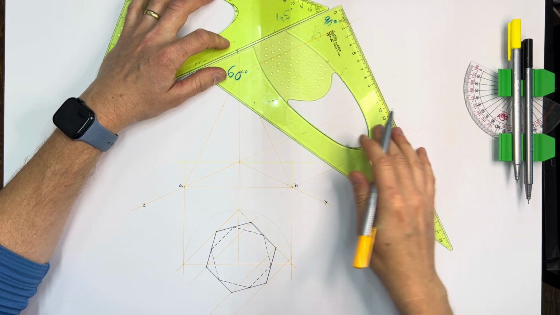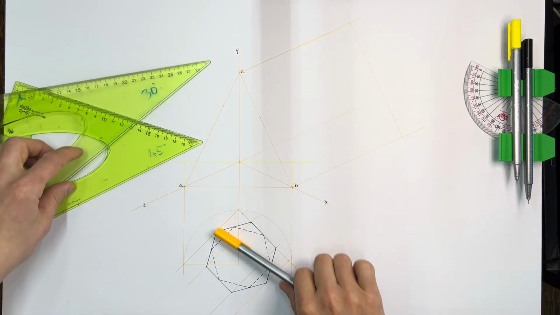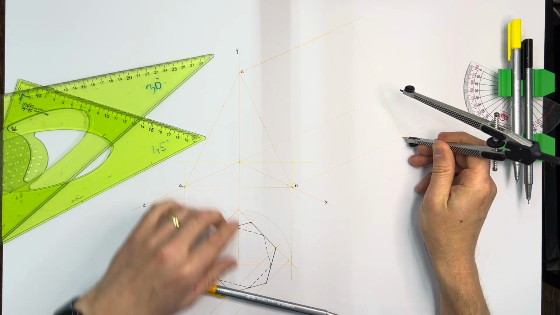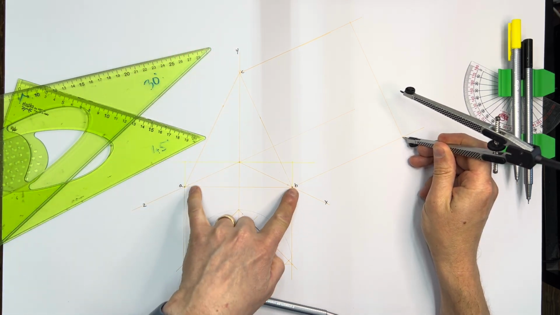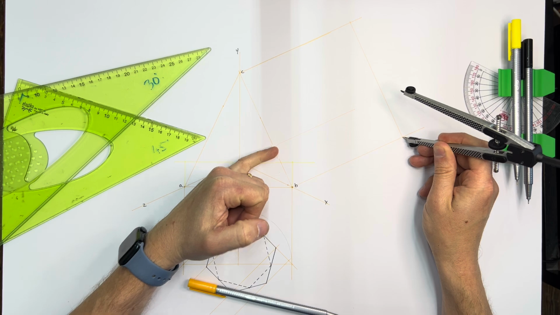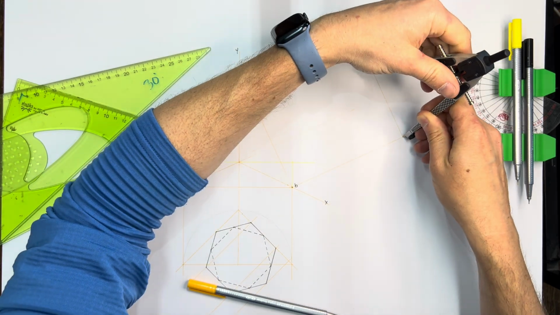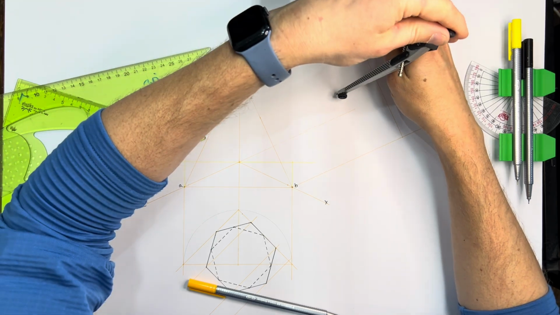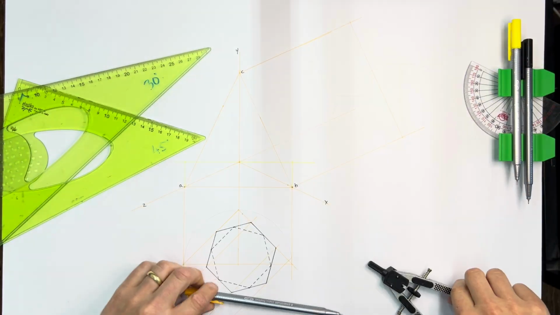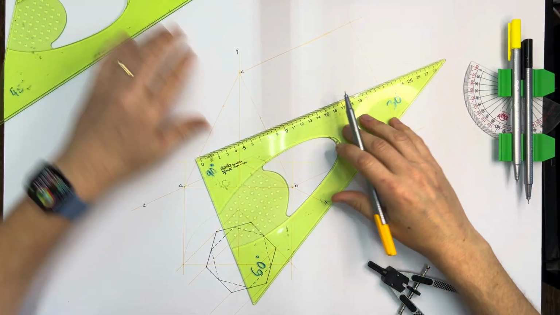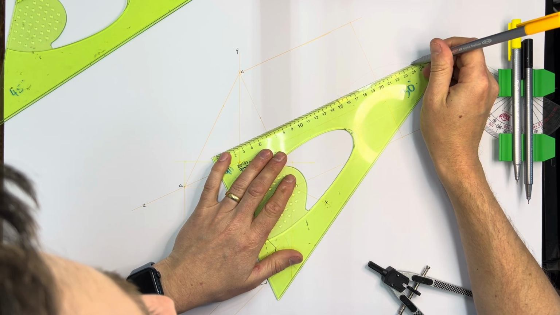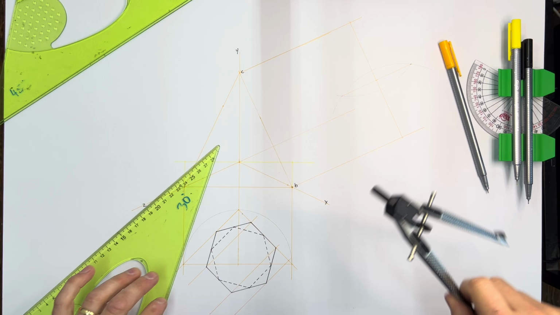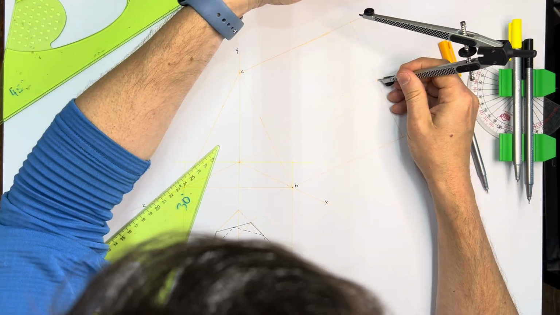And I'm going to bisect that line. Slightly different from plan. In that plan, we knew the y-axis was in the center between A and B. However, the z-axis is not in the center between C and B here, so I have to bisect it. So there's the center point.